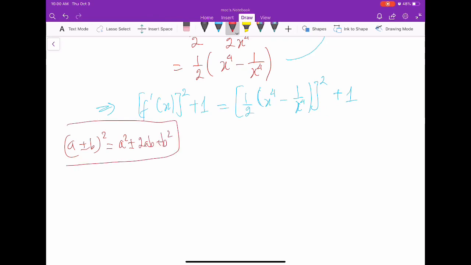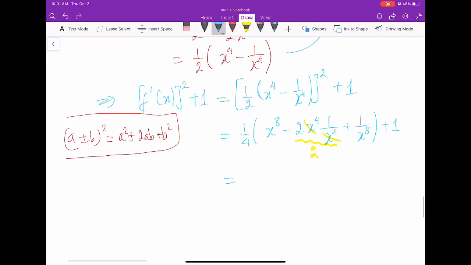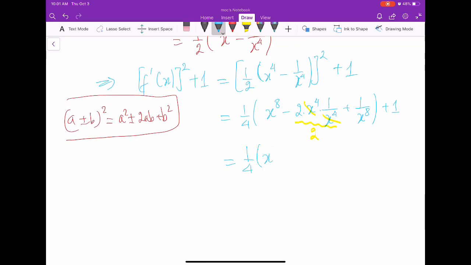So this is 1/4, because 1/2 squared is 1/4, right? So I have x to the 8 minus 2 times x to the 4 times 1 over x to the 4, and then plus 1 over x to the 8, plus 1. You can see the x to the 4 and x to the 4 cancel out, so basically here you only have 2. So I have 1/4 x to the 8 minus 2 plus 1 over x to the 8, plus 1.